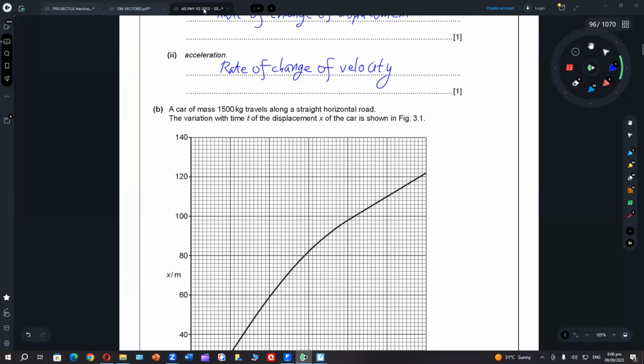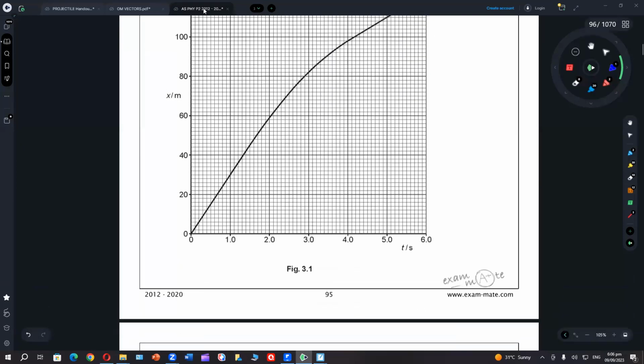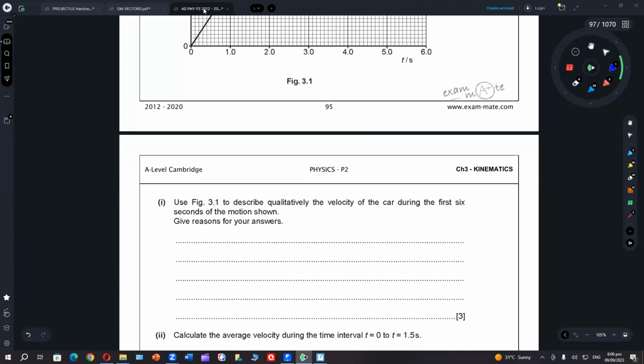It's a distance time graph. It's a displacement time graph. And he says, use figure 3.1 to describe qualitatively the velocity of the car during the first 6 seconds of the motion shown.